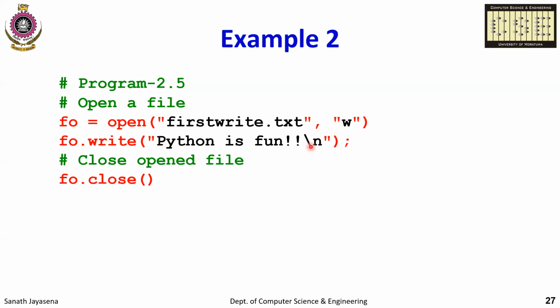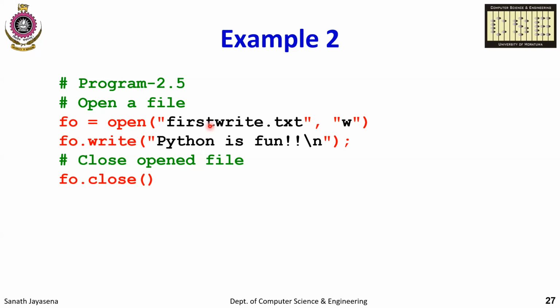Actually, if you want to keep the contents of the file and just add to the file from the last point onwards, you should open the file for append. Right? If you open the file for appending with the letter A here, then when you write, the current content of the file will be kept. It will not get lost.